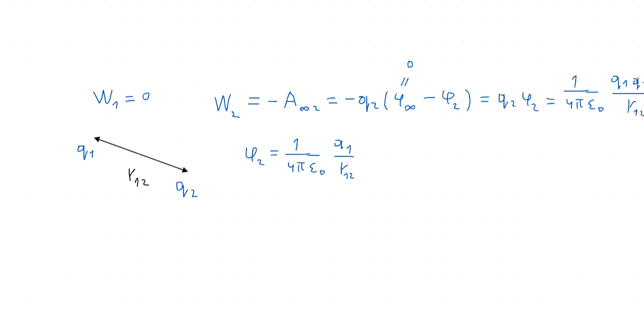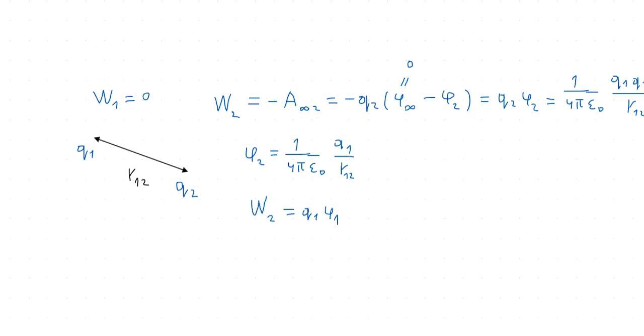We can first bring charge Q2 and then bring charge Q1. In this case we will have that it is equal to Q1 Phi1. And what is this?